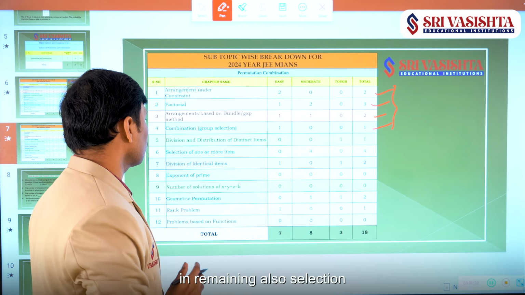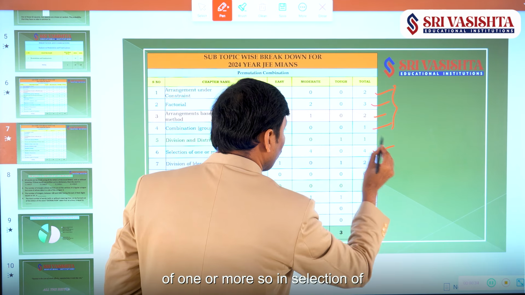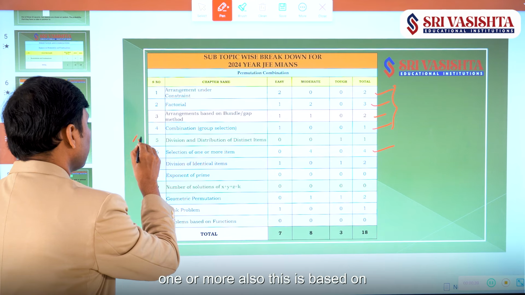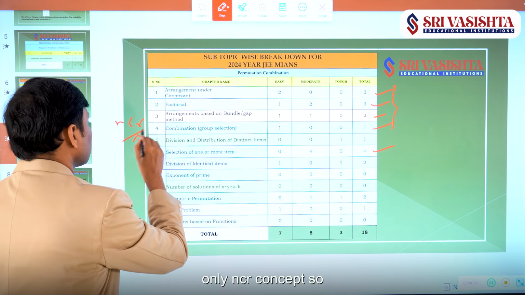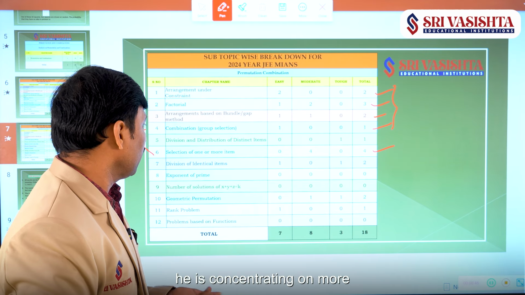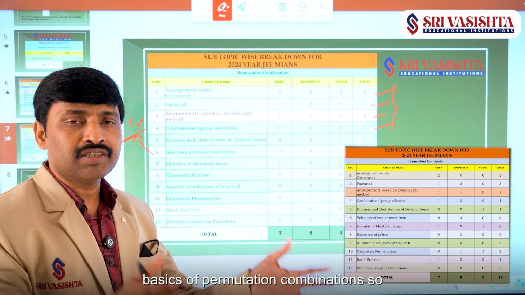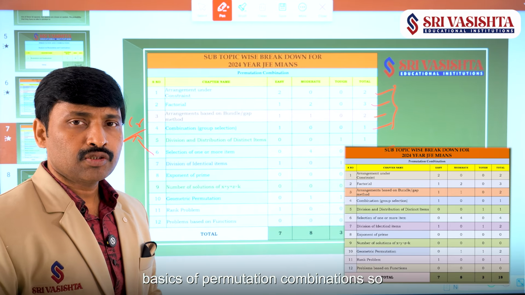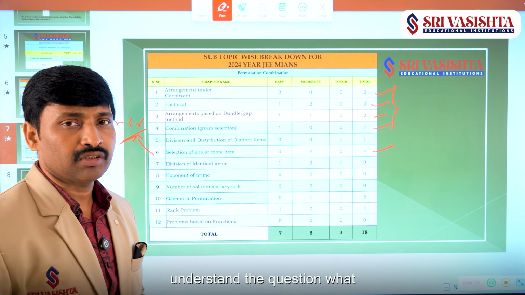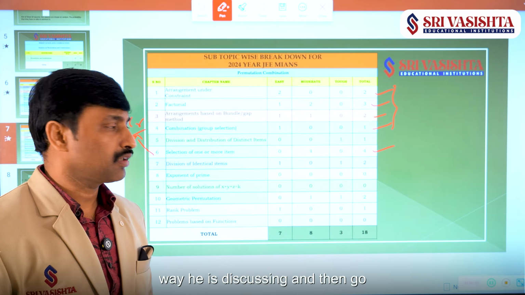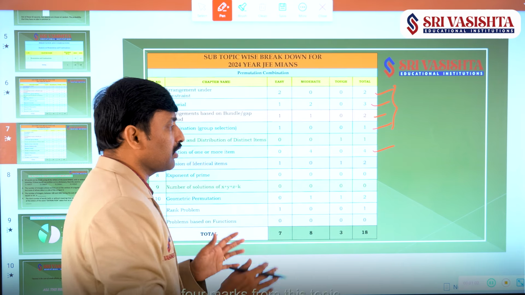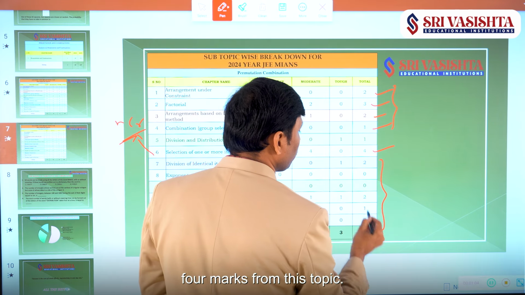In the remaining, selection of one or more is based only on the nCr concept. Observing 2024 and 25, they are concentrating more on basics of permutations and combinations. First read and understand the question, how it is framed, and then go through the solution. You will get 4 marks very easily from this topic.